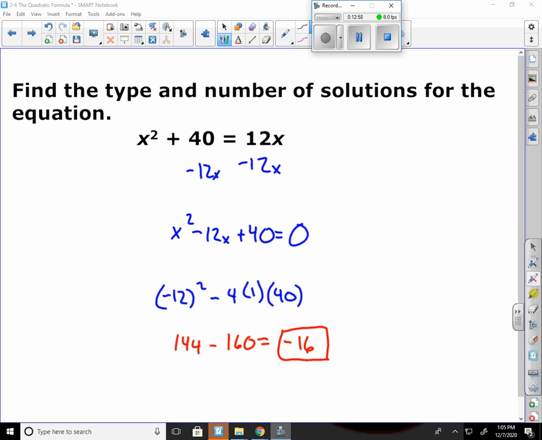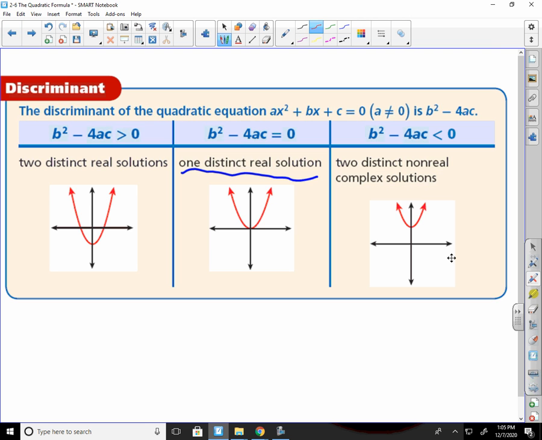Well, no. If we look back at our chart, it's going to be two distinct, and this number's smaller than 0, so it's going to be two distinct non-real complex. So that would be your answer.